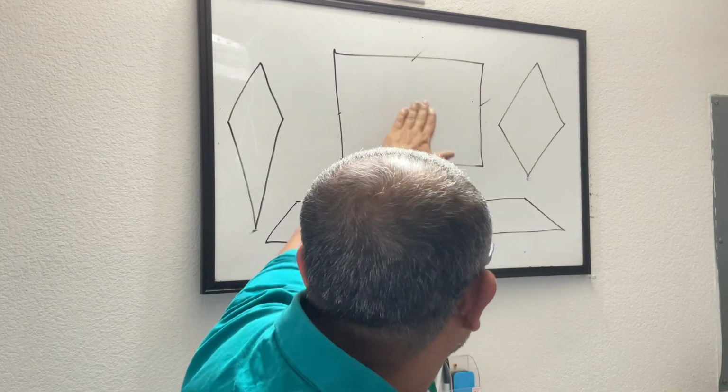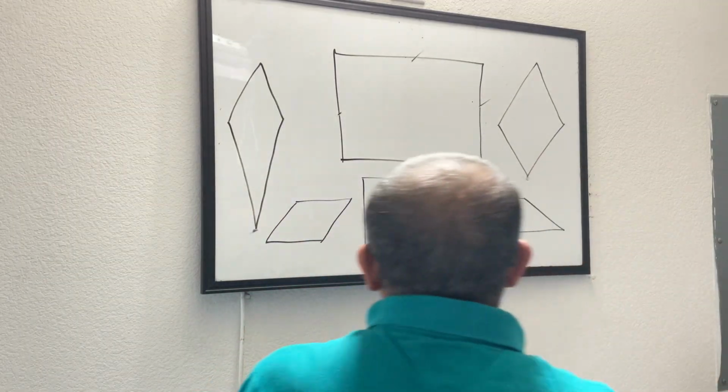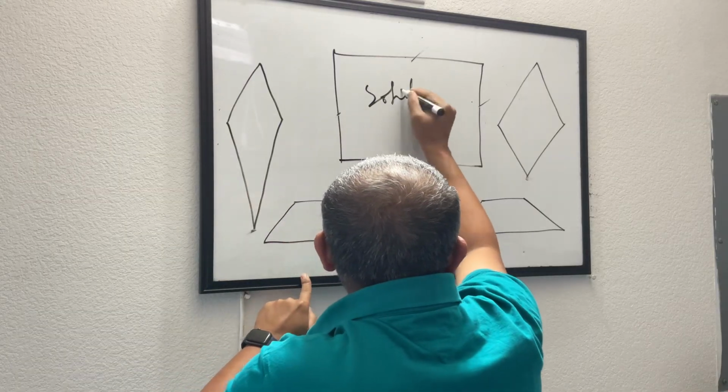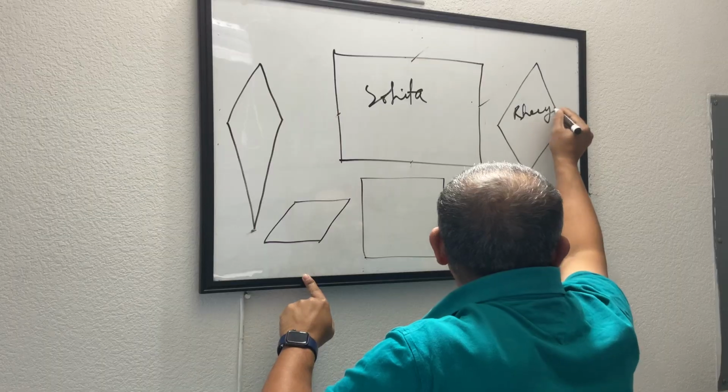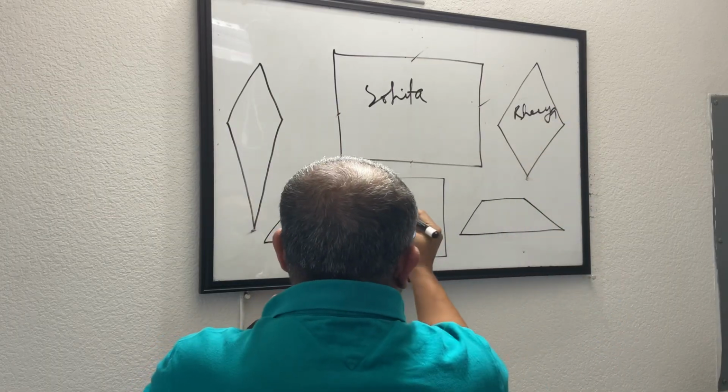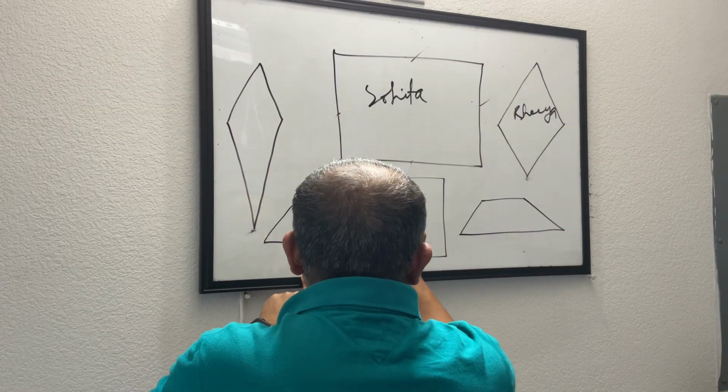Let's come back to this one. So now, I said this is Sohita, this is Riya, this is Akshara.